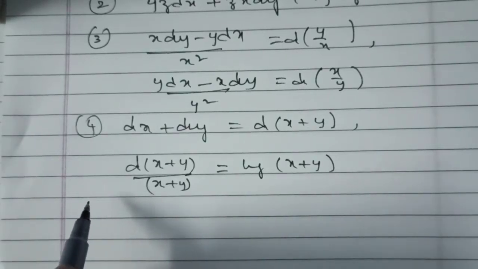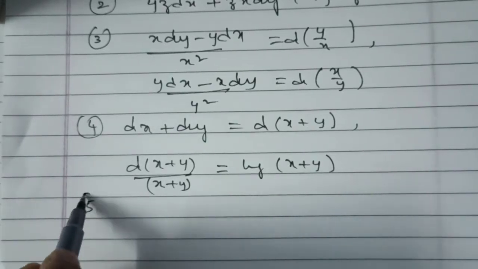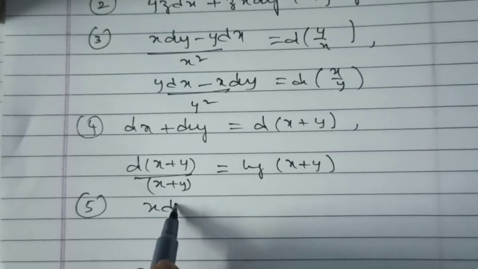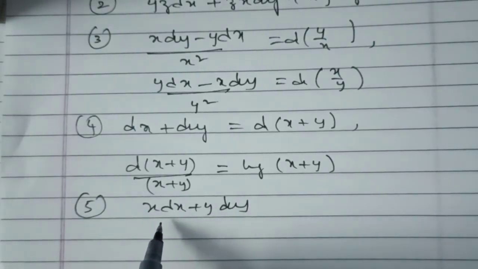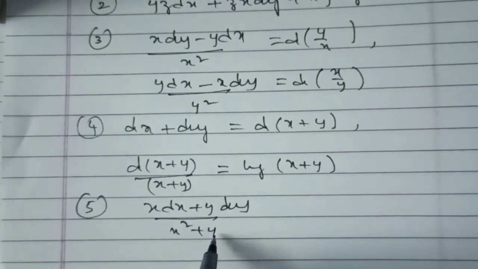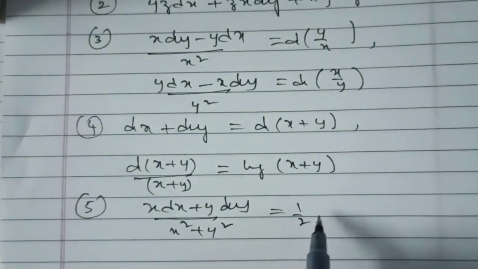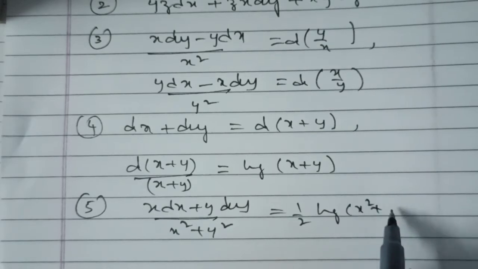Next, fifth one, x dx plus y dy divided by x square plus y square is equal to 1 by 2 into log of x square plus y square.